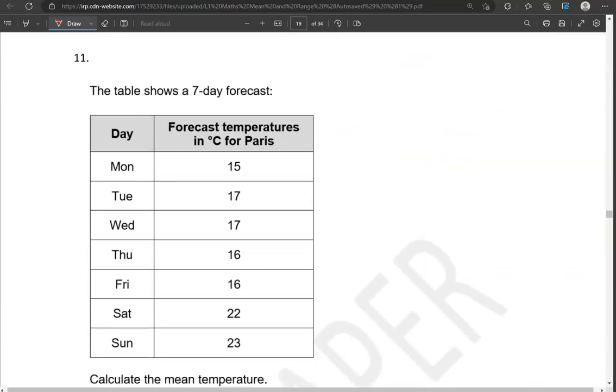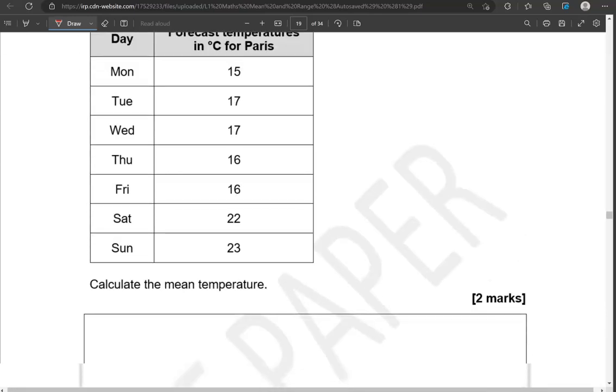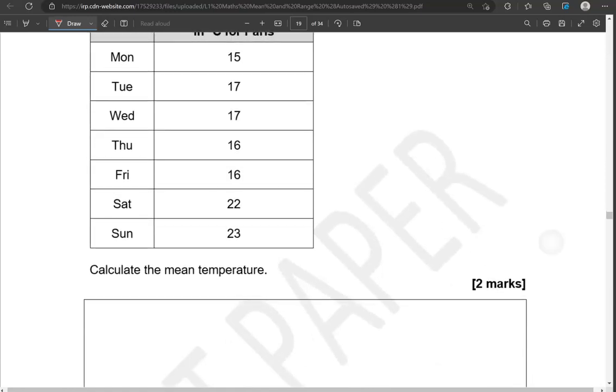The table shows a 7-day forecast. Calculate the mean temperature. So we'll add different temperatures from Monday to Sunday.